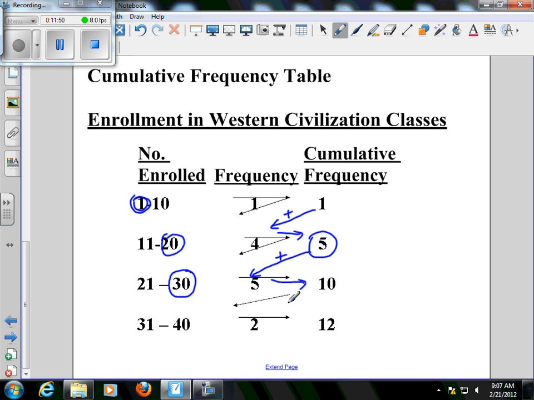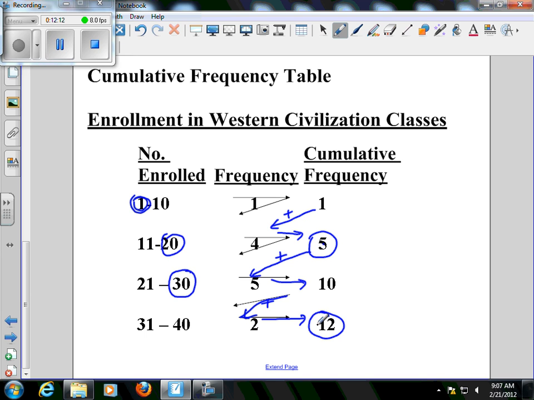Now, our very last category, we had 2 classes there. So we're going to add 2 onto that 10 right here, and we get 12. So what we can say now is we had 12 classes total that had enrollment between 1 and 40 students.